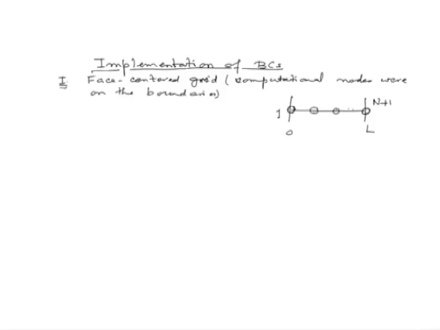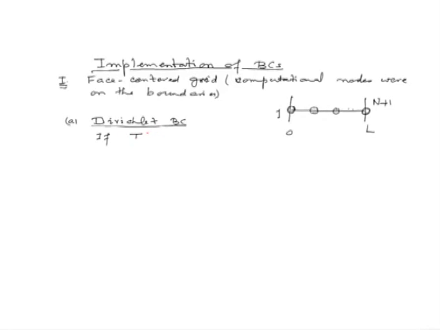Now, how would we implement different types of boundary conditions? Let us take the case of Dirichlet BC, that is, temperature is specified. So, if T at x1 is given as Ta, then what happens for the different equations for finite volumes?